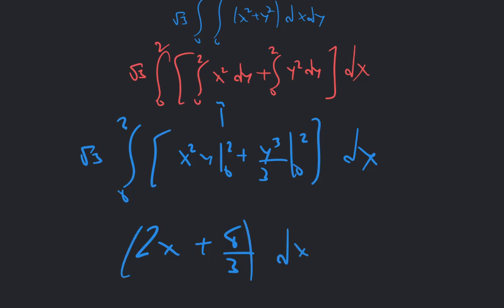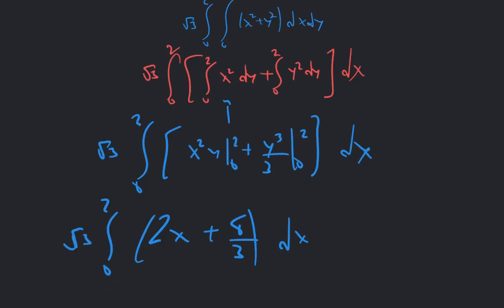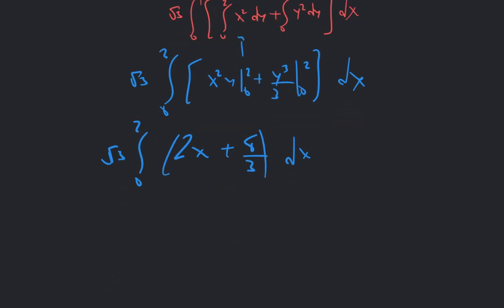And then we're integrating that with respect to x. So 2x cubed divided by 3 plus 8x over 3.